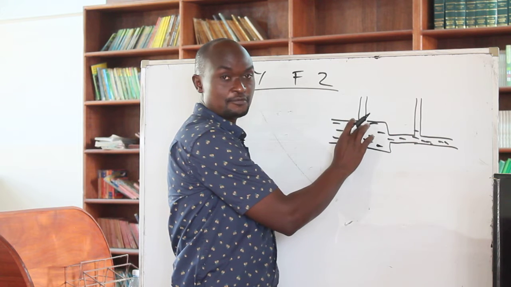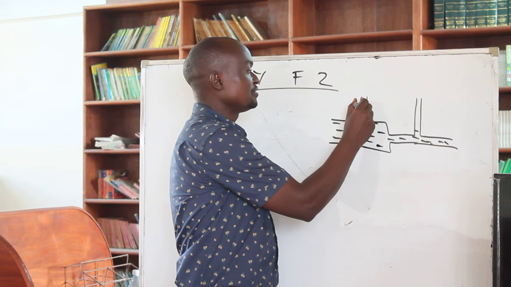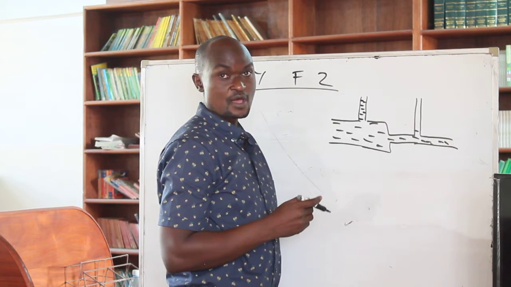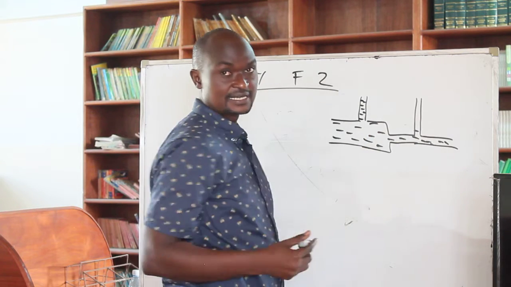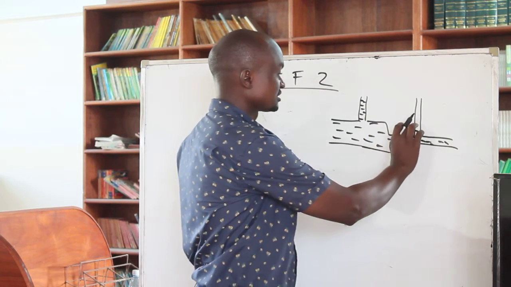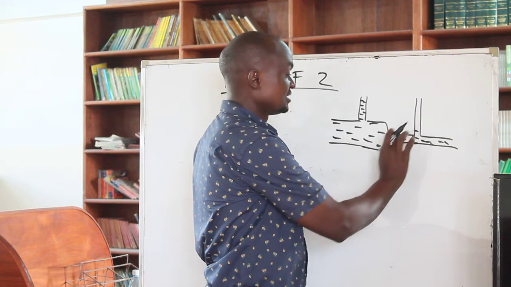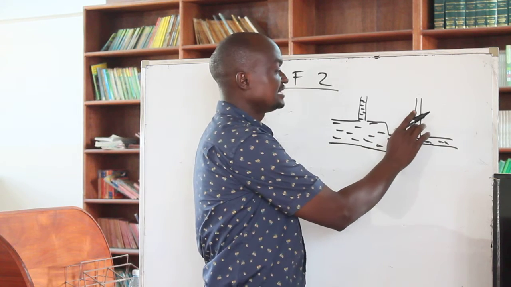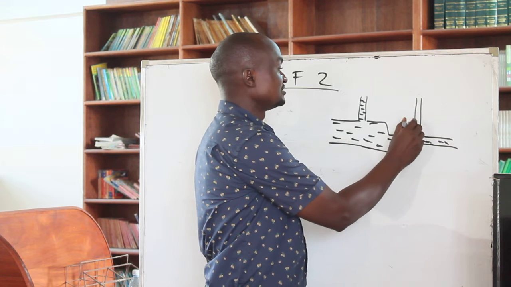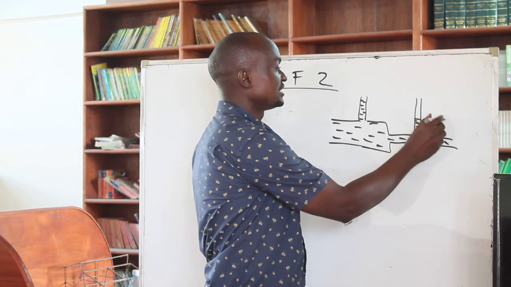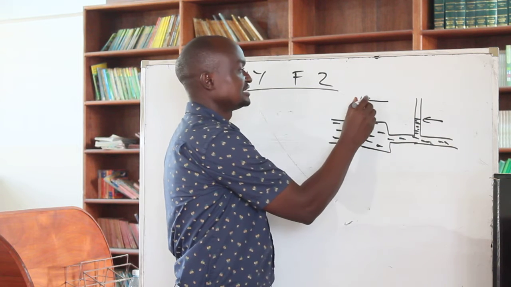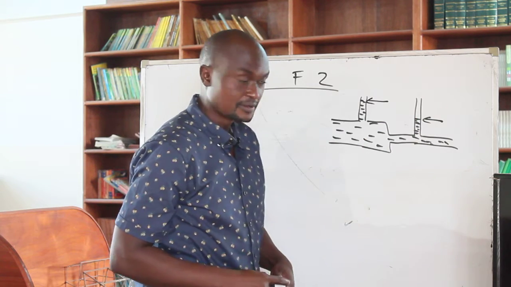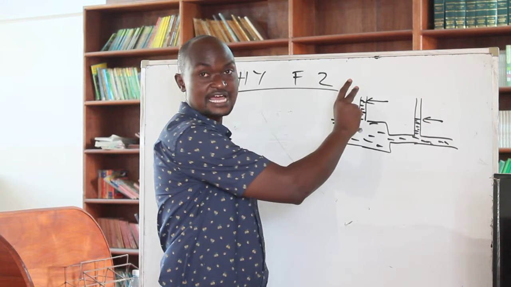The pressure acting on the fluid will be high, leading to this liquid being displaced maybe to that height. On the other side, because the cross-sectional area is narrower, it's smaller, the speed here will be very high. So the pressure acting here on the fluid will not be as high, so the displacement of the fluid will be to that point. That means the pressure here is low, while the pressure here acting on the fluid is high.